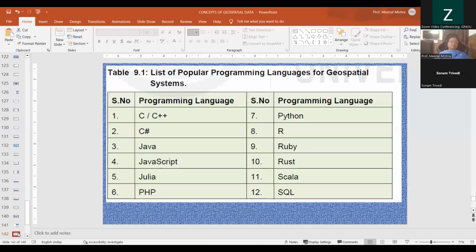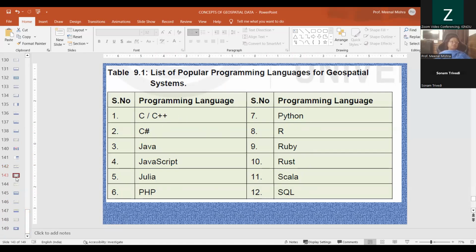Very quickly, the popular programming languages which are used in geospatial systems are listed here: C++, C, Java, Julia, and then PHP, Python, R, Scala, SQL. These are the popular ones.